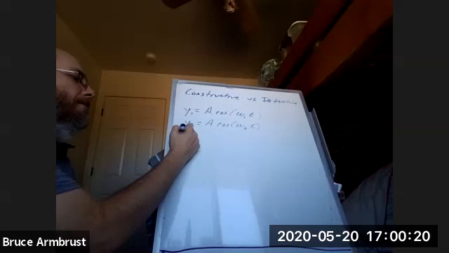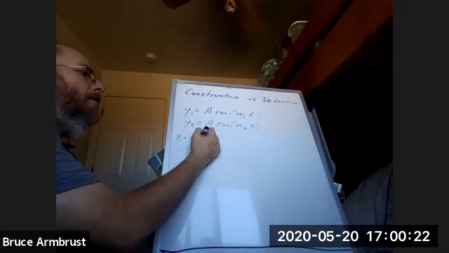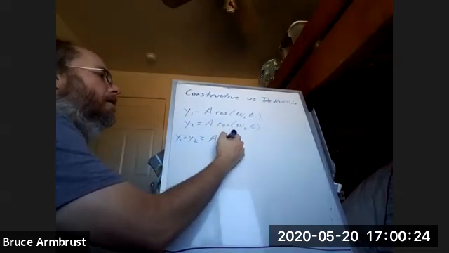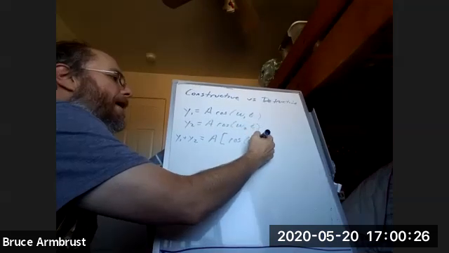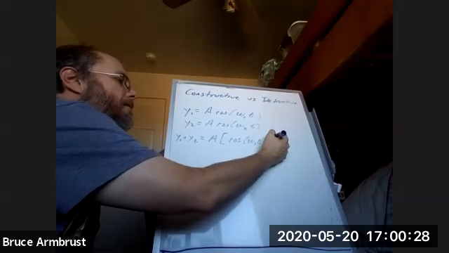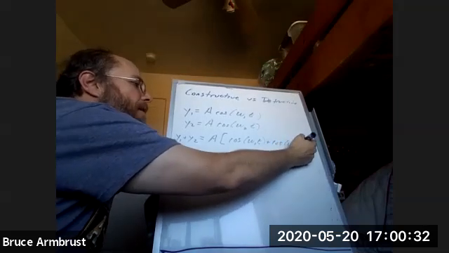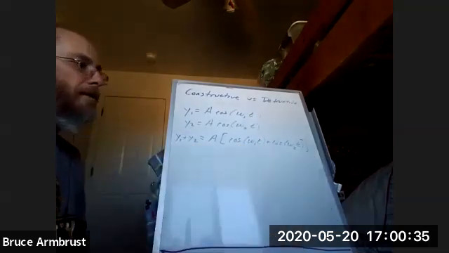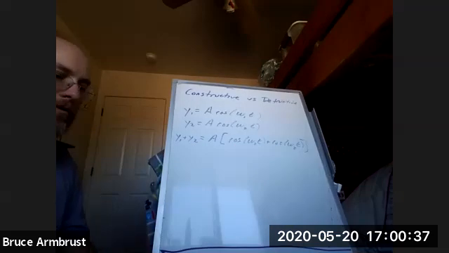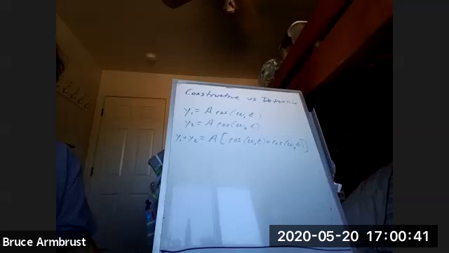And now when we combine them, we can't just slap them together. We actually have to use the sum to product formula for cosines. So that's one of those lovely trig forms that you saw once upon a time.